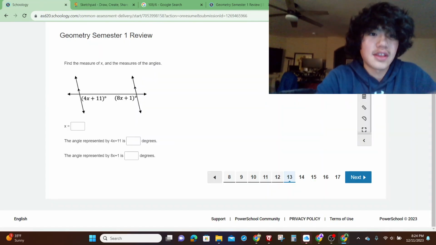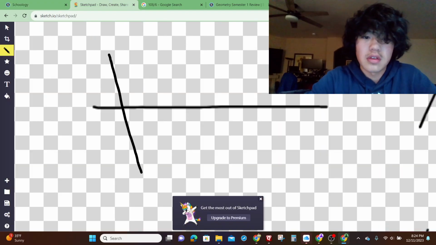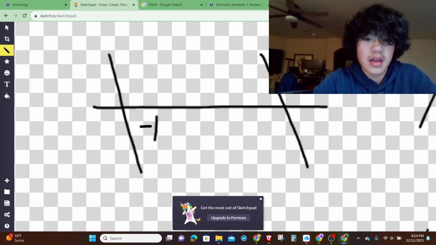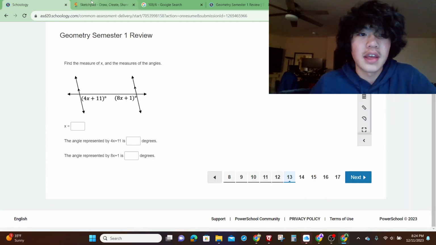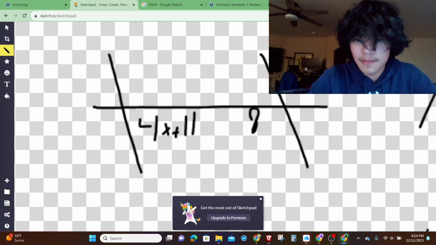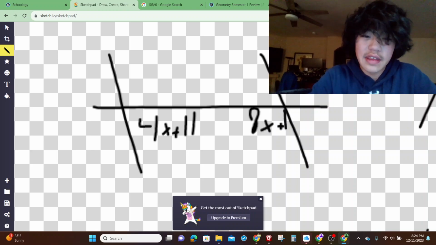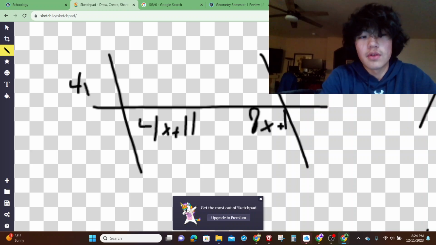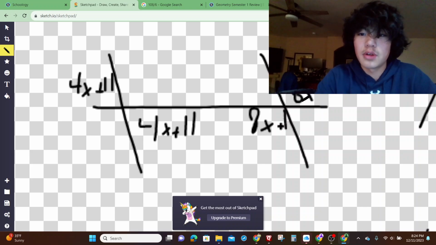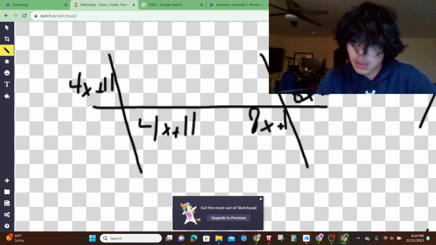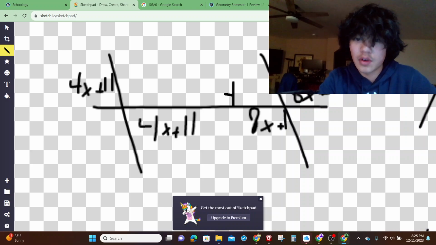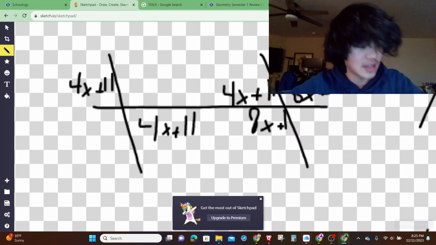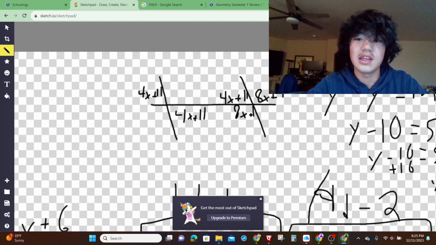It looks like that, and then like that, and then like that. 4x plus 11 is right there, and 8x plus 1 goes right there. And because they are vertical angles, I could put this one right here. Since these are corresponding, I could put 4x plus 11 right here. And then now it's simple, because these two will add up to 180.